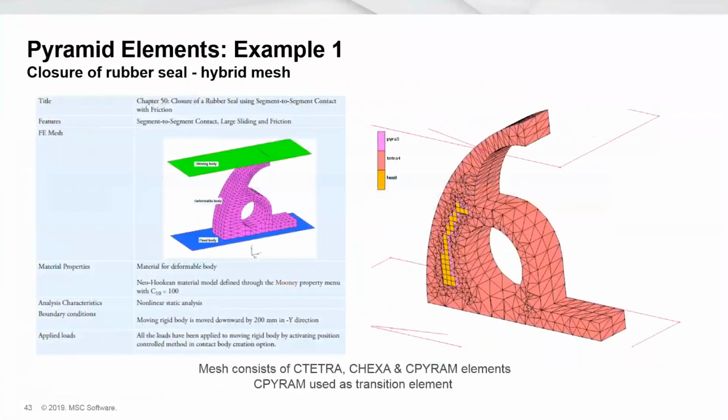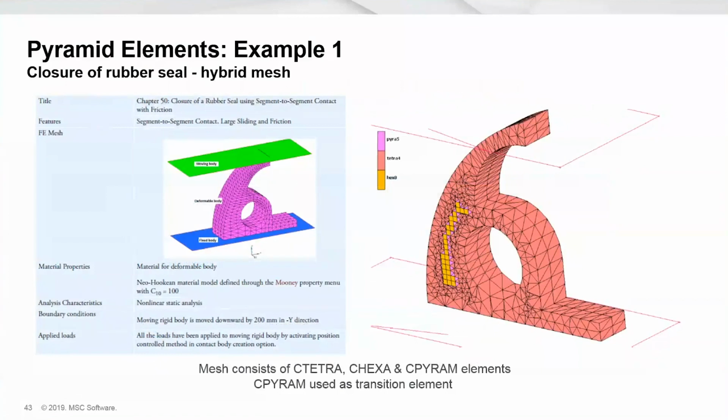To check if our capability works, we used some existing examples from our demo guides and our training manuals. In this case, we use one example from our Solution 400 demo guide, in Chapter 50. The example has 2 plates pressing on a rubber seal, which is made up of solid elements.